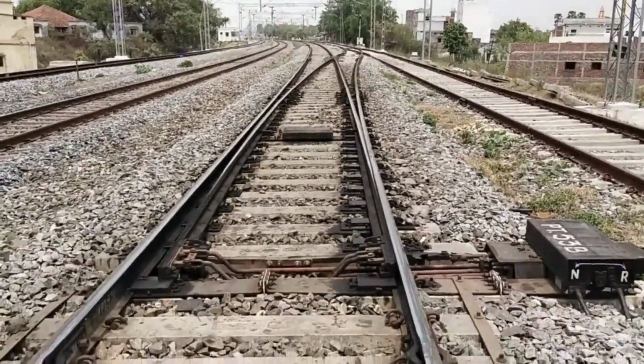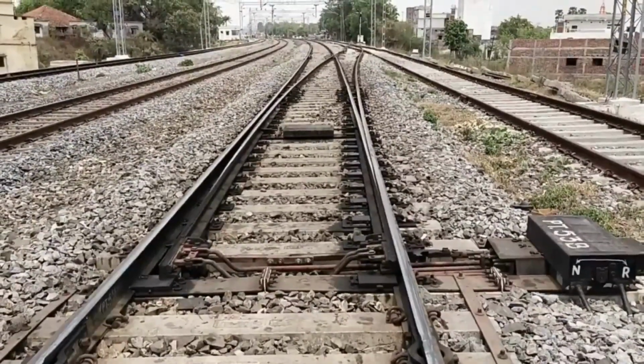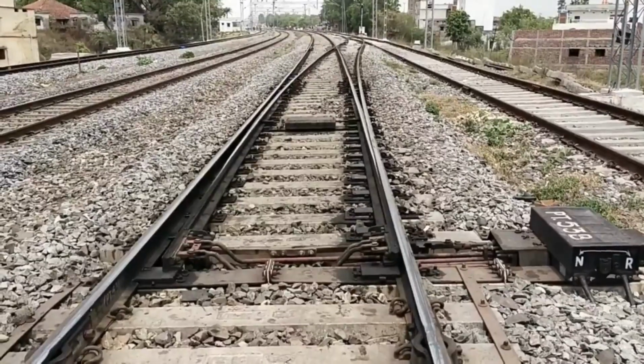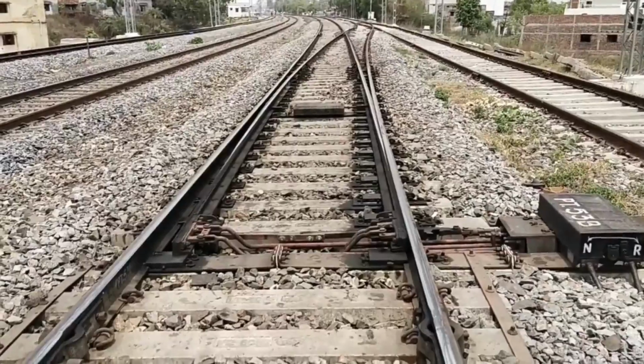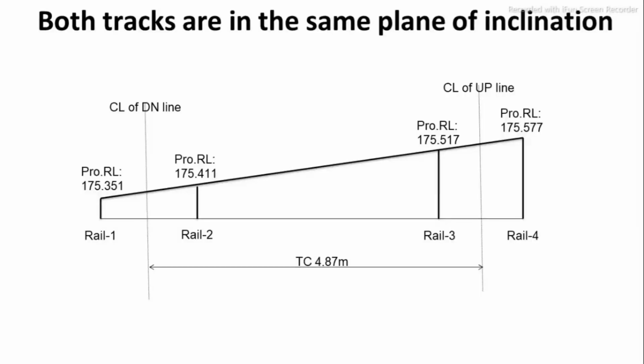Therefore, the speed restriction worked out for the inner track will be applicable for the outer track also. Further, to bring both curved tracks into the inclination plane, number 1, record the existing rail level and take the reference rail as the inner rail, that is rail number 1 of the inner track.